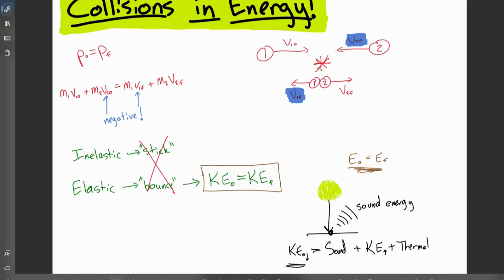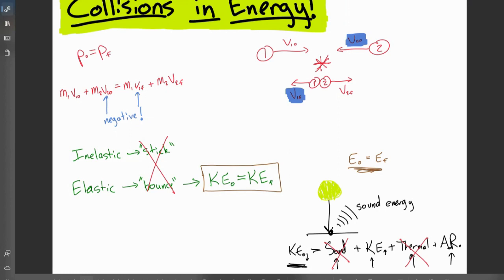But kinetic energy turns into all these different things: kinetic energy, sound energy, thermal energy. But what if we were to bounce a ball with no sound energy? What if we were to bounce a ball with no loss to thermal energy? Oh, another thing, we had air resistance, the ever constant plague of physics.